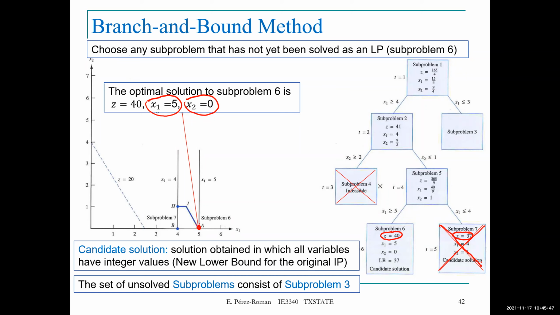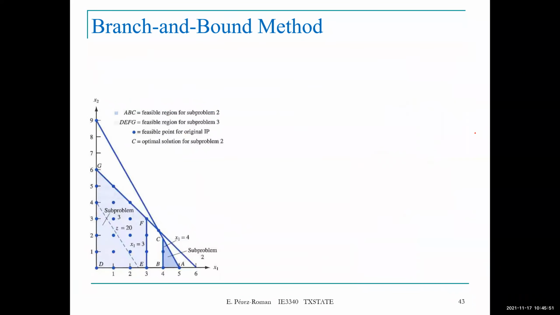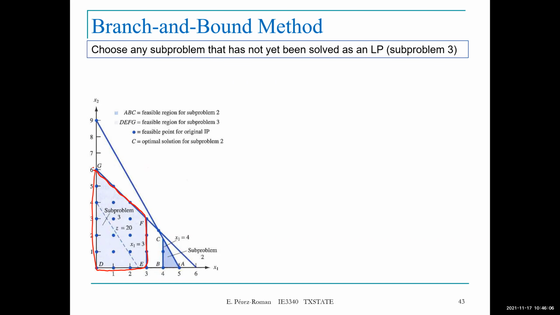But we still have one subproblem to explore, subproblem number 3. Subproblem number 3 is this whole area. But the good thing about this problem is that even though that area is very big, we're going to be able to find an integer solution quickly.